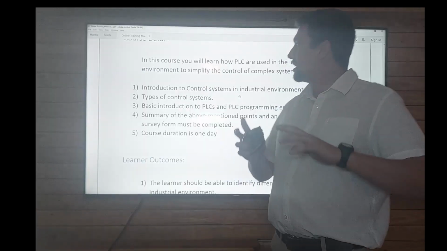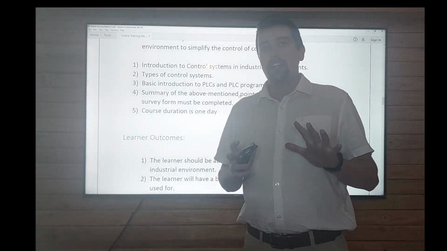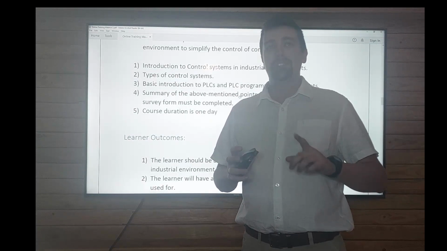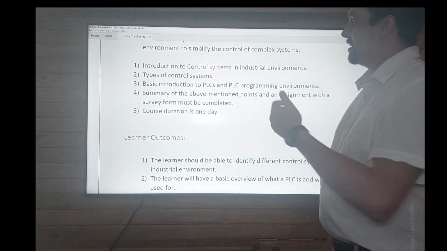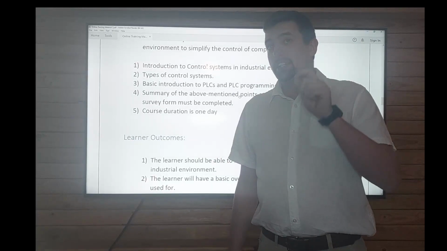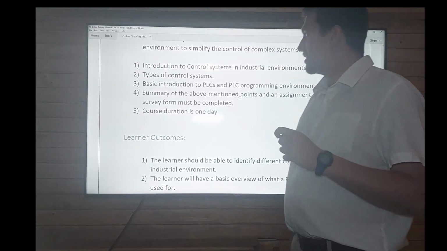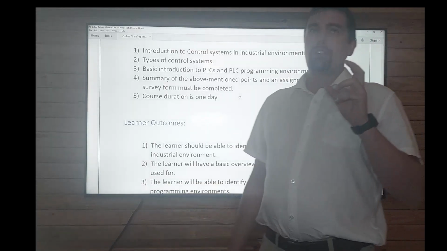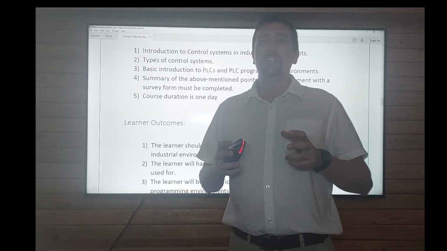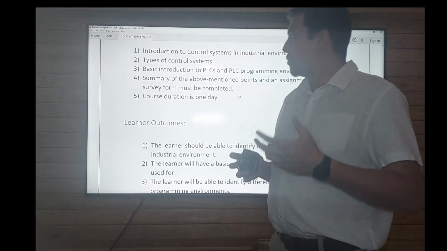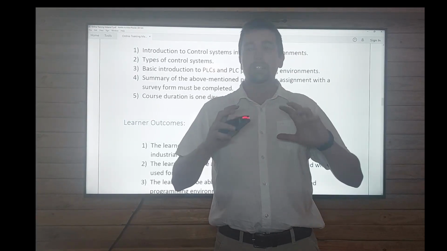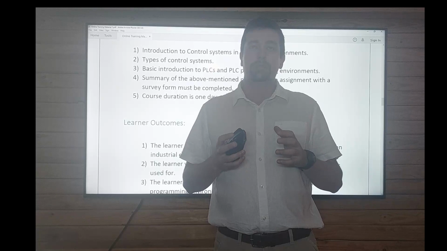In this course, we are going to cover 5 basic topics. First item on the list would be introduction to control systems in the industrial environment, types of different control systems. I will go through in detail what types of control systems is used in the industrial environment.